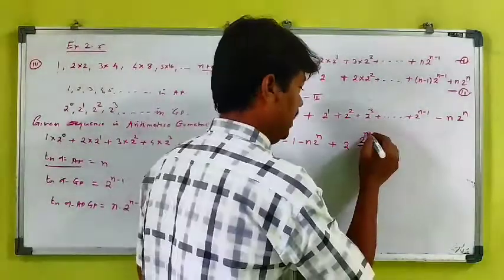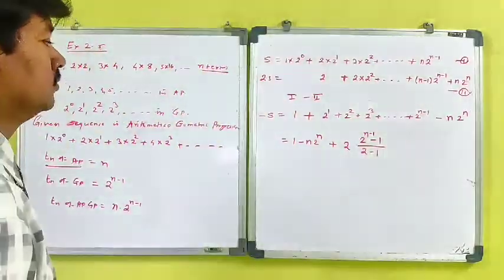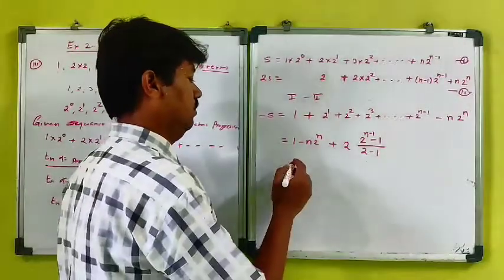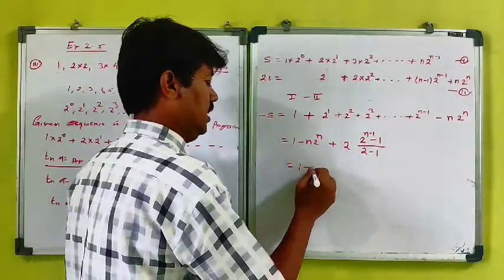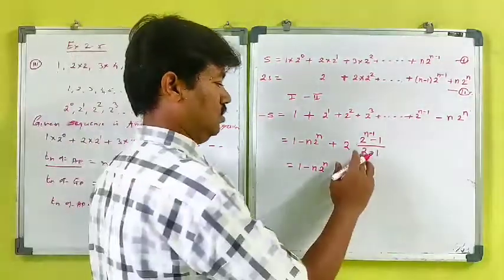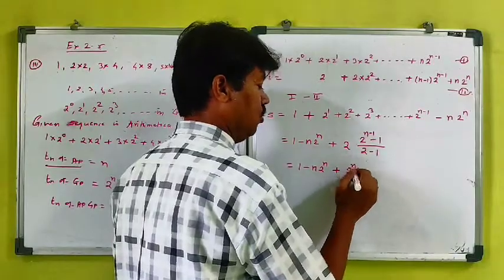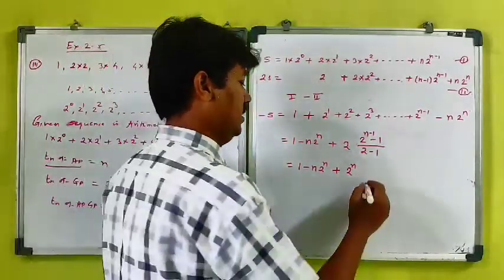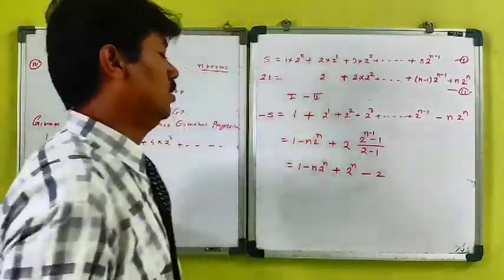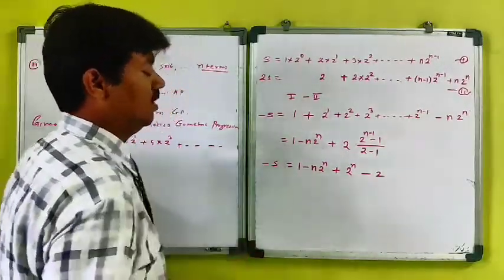Sorry, it should be n minus 1. So the final answer will be 1 minus n into 2 raised to n, plus 2 multiplied in, that gives you 2 raised to n minus 2. So that is the minus S.